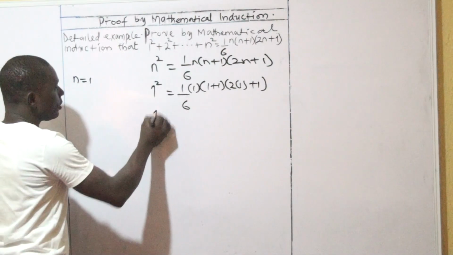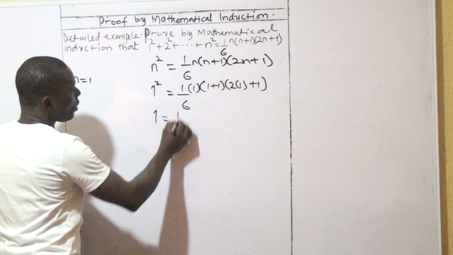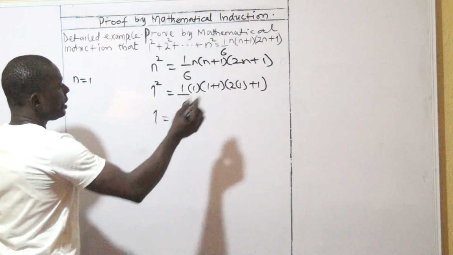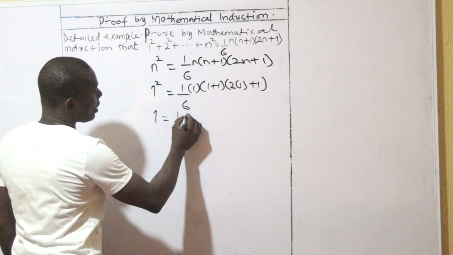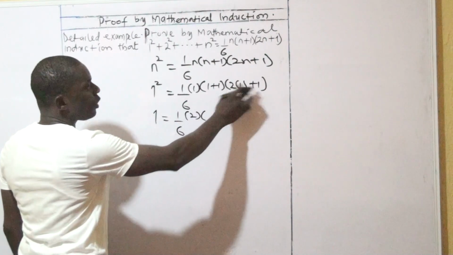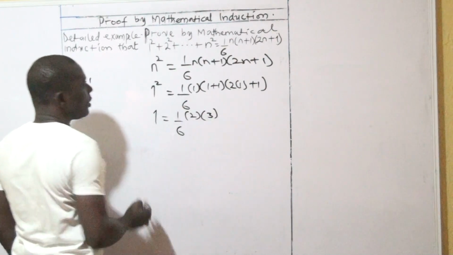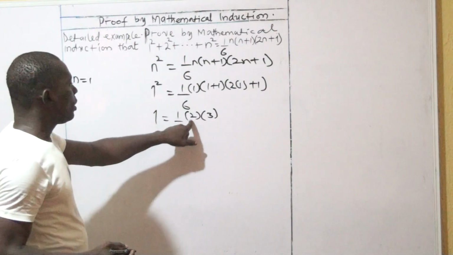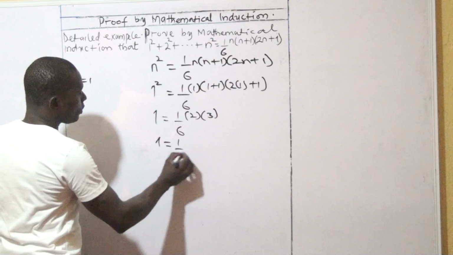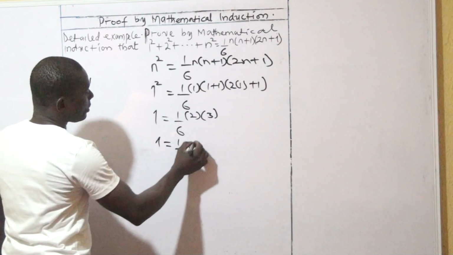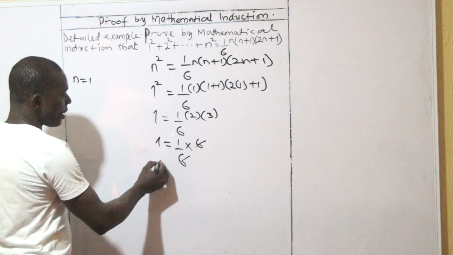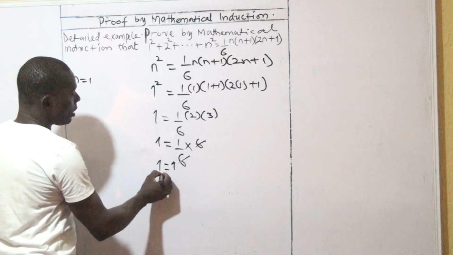Here we have 1/6, 1 times everything here will be 1. Here 1 plus 1 we have a 2. 2 times 1 is 2. 1 plus 2 is what? 3. So in this bracket we have 2 times 3. Here we have 1 is equal to 1/6 times 6. 6 cancels 6. So you can see that it is true.